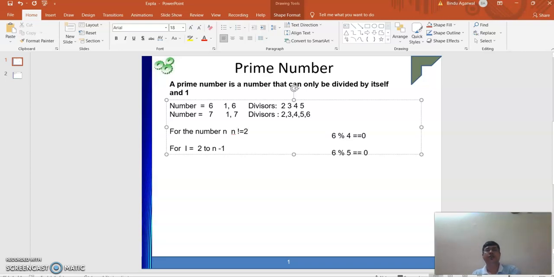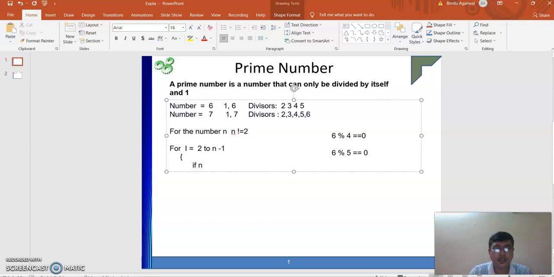If n is not equal to 2, we go ahead with this concept, from 2 to n minus 1, because we are not checking 1, which is already a divisor, and the number itself is also already a divisor. So we are trying to find out whether any number between 1 and n minus 1 divides the number.